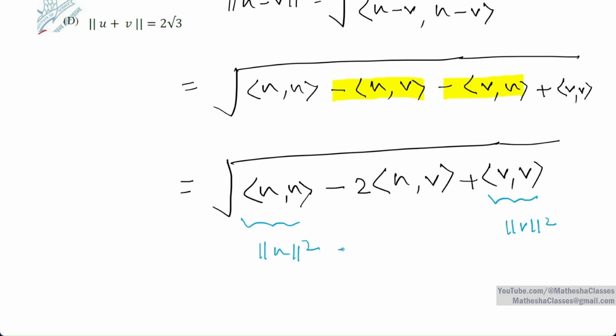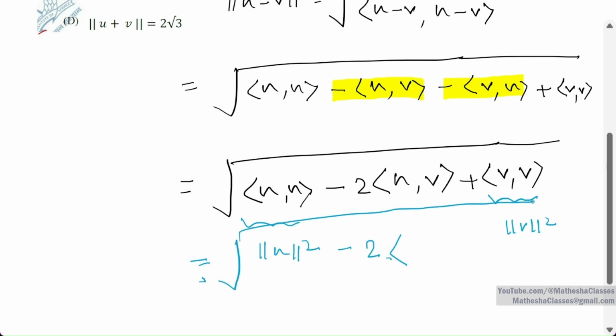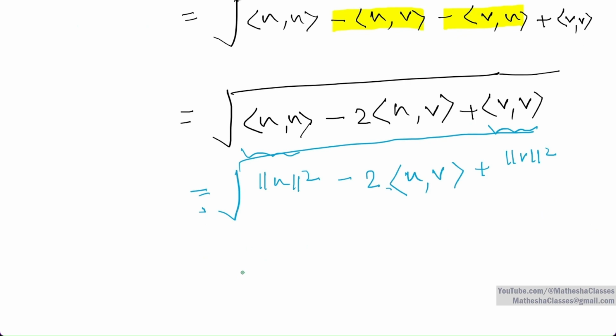So in the next line we will be writing under root norm of u square minus 2 inner product of u with v plus norm of v square. Now let us put in the values. What is norm of u square? We have seen that norm of u is 2, so norm of u square is 4.